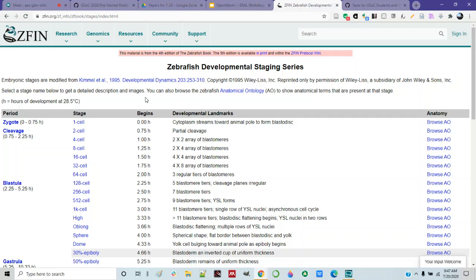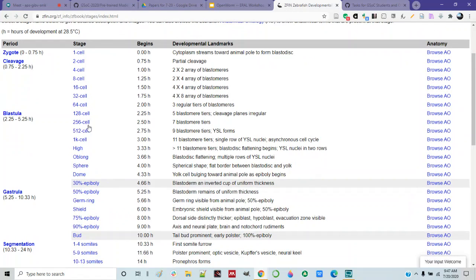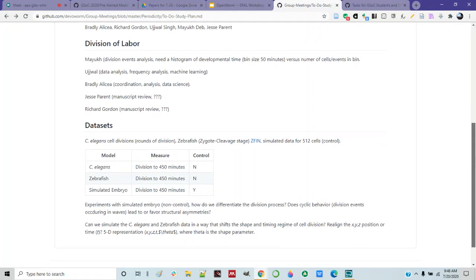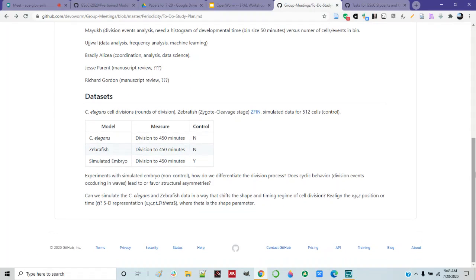And so this is like a canonical accounting of cell division here. You can see that at the end of the cleavage stage, you have 128 cells. We have a bit beyond that, but we can hash that out as we go through this. And there were some ideas about looking at the difference between C. elegans and zebrafish data.